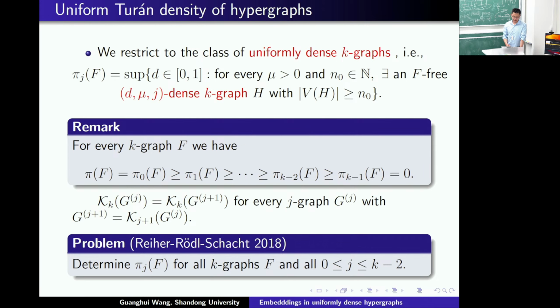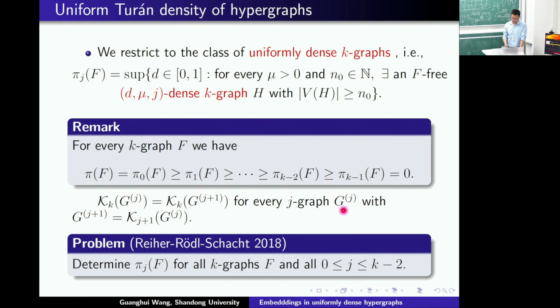It's easy to check that we have these inequalities. So pi_0(F) is the classical Turán density, and pi_1(F) is the uniform Turán density, something like this. So Reiher, Rödl and Schacht proposed to determine all these pi_g(F).